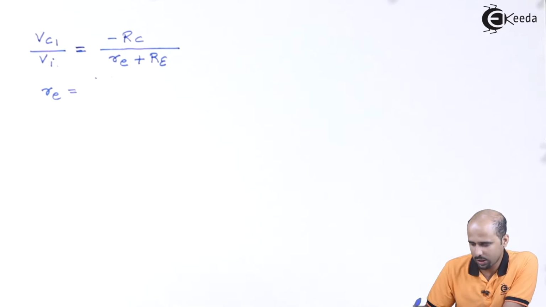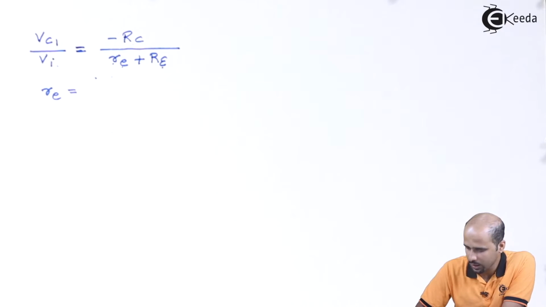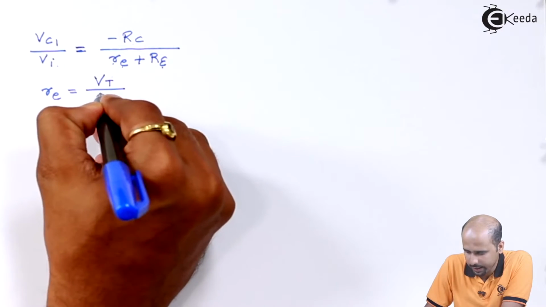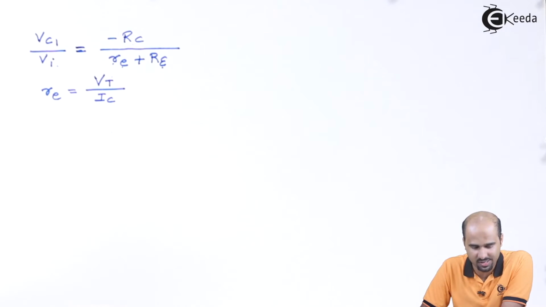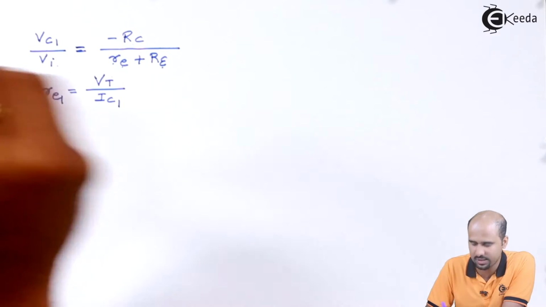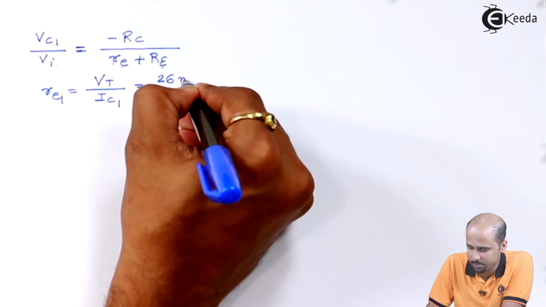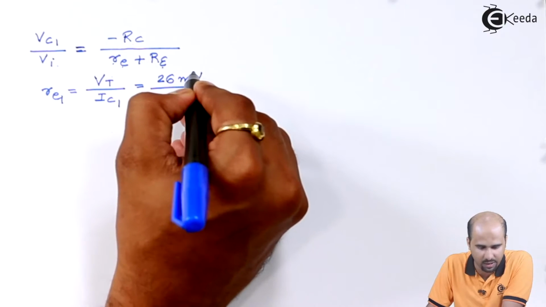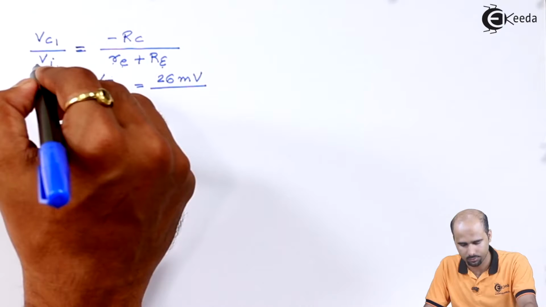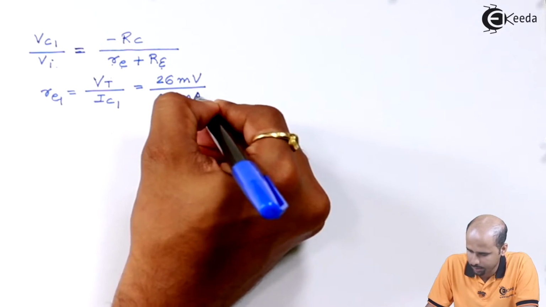Now for this particular circuit, we have to calculate all these three values: small re, capital RE and capital RC. Okay, re is nothing but the value VT divided by IC. As this is the first stage, I will treat this as re1, and take this as IC1. VT is a constant value that we generally take as 26 millivolts, and the IC1 value which is given as 0.6 milliampere.